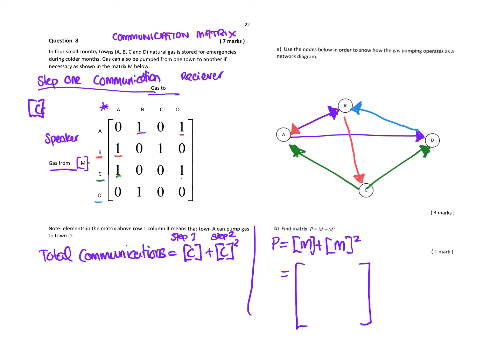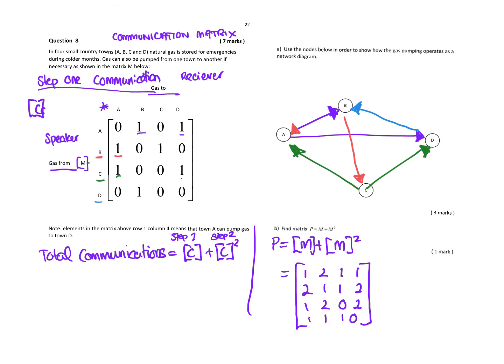We added the squared one and the normal one, and we end up with 1, 2, 1, 1, 2, 1, 1, 2, 1, 2, 0, 2, and 1, 1, 1, 0.